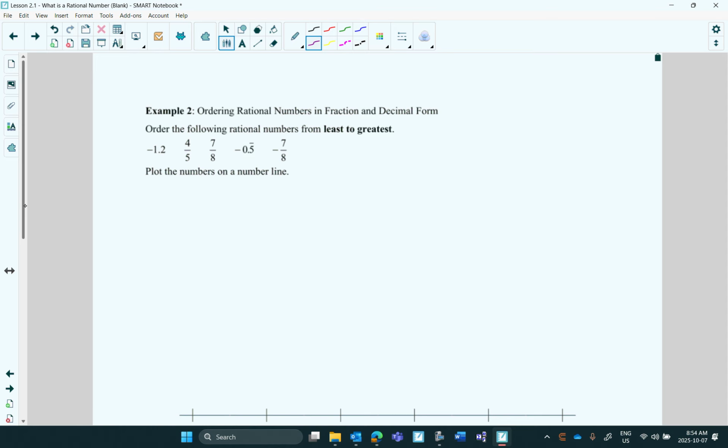Here we've got 5 numbers, and we're asked to order them least to greatest, or smallest to largest. What might be a good idea, keeping in mind you have a calculator? Ava? Yeah, change them all to decimals.